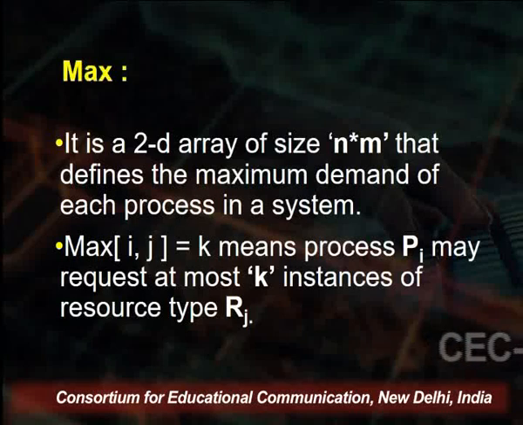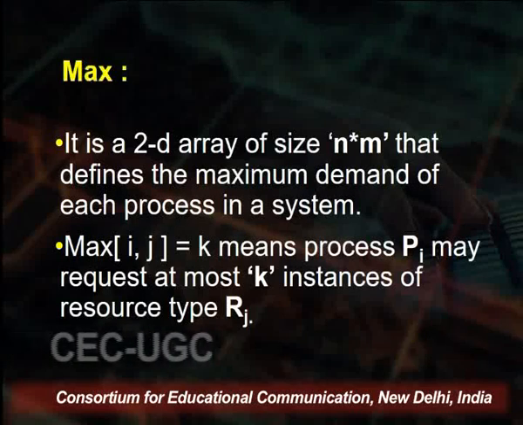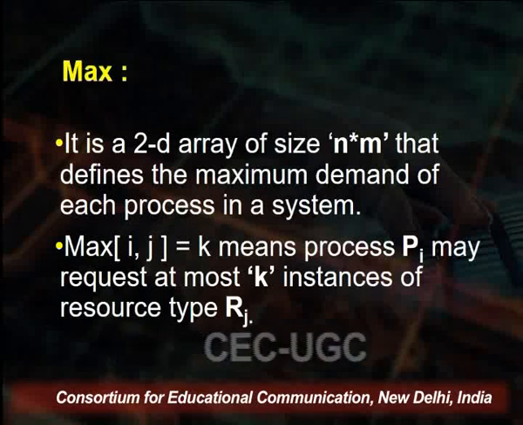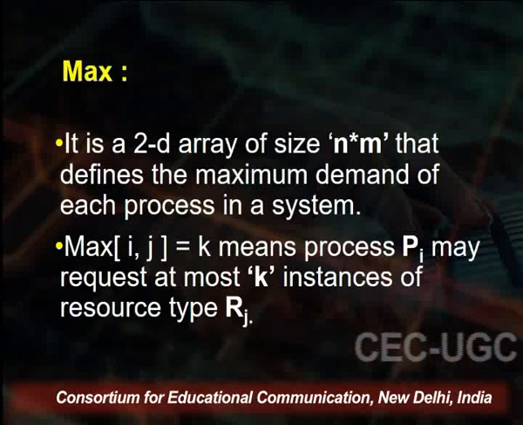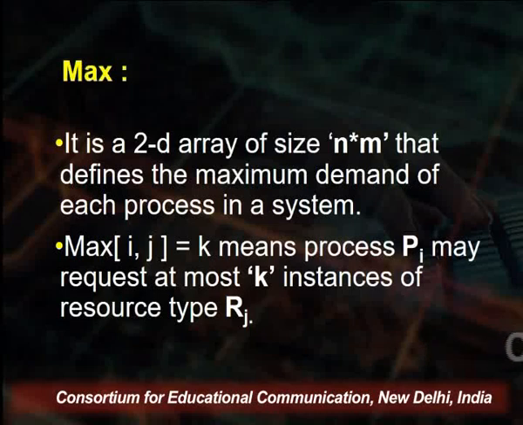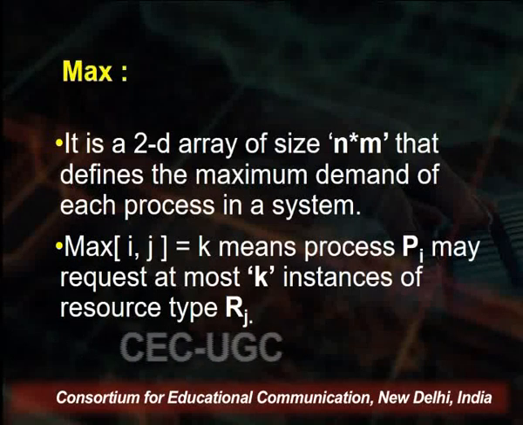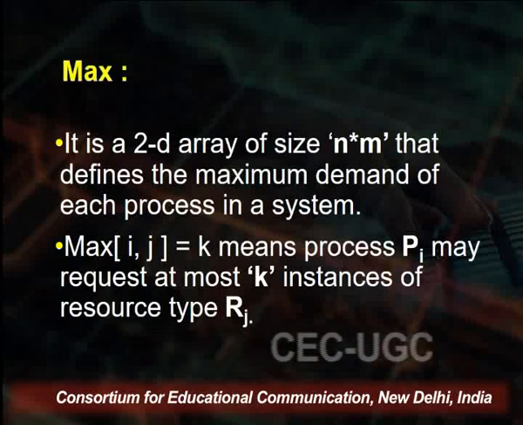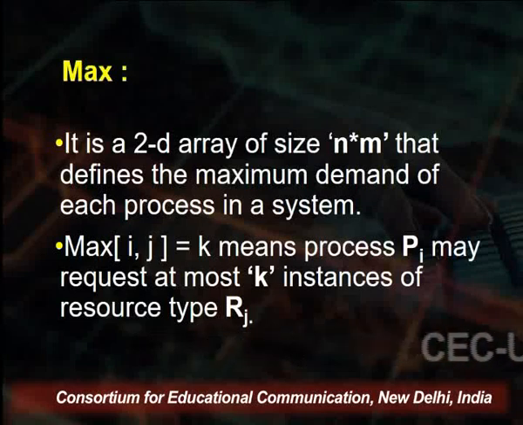So, for example, there is a process, let us say P3, so for example Max[3][1], that means the first resource, which is printer, the maximum instances of this printer which can be requested by P3 will be equal to, let us say, k, or let us say 5.